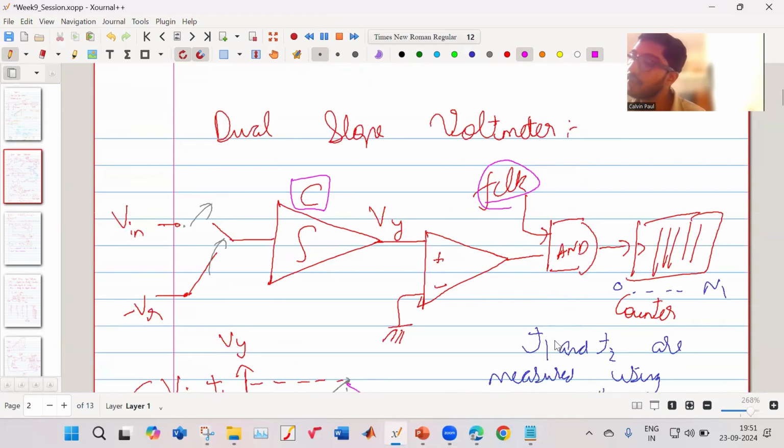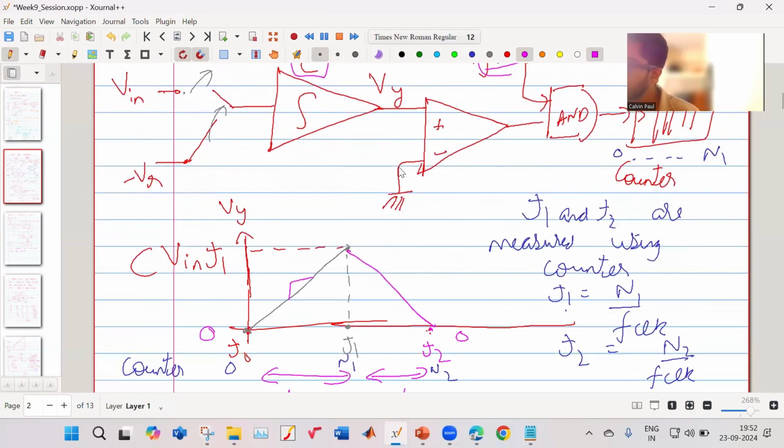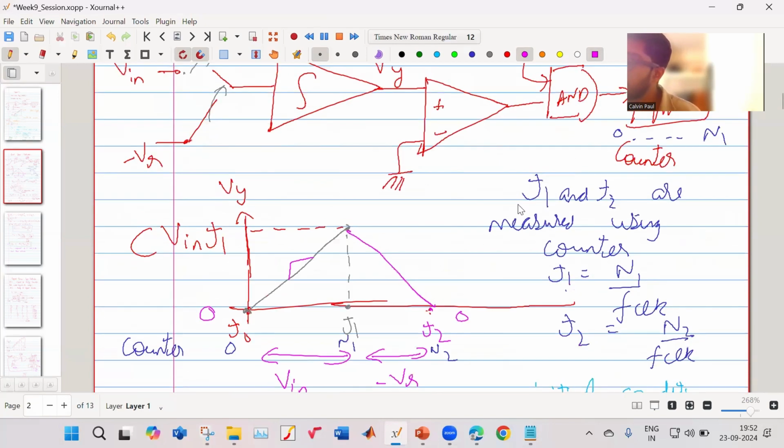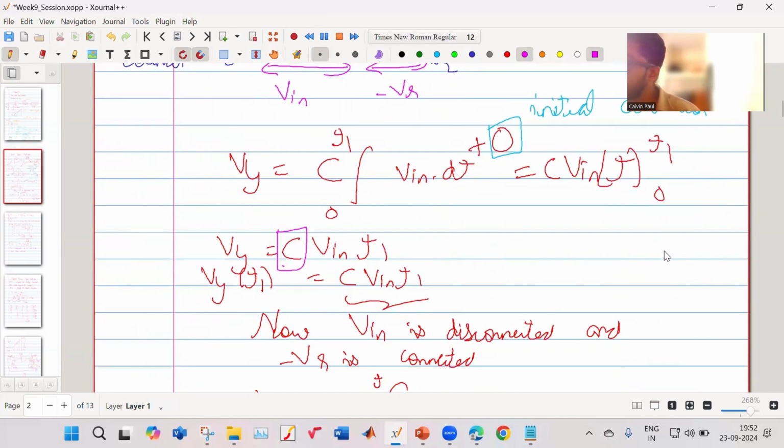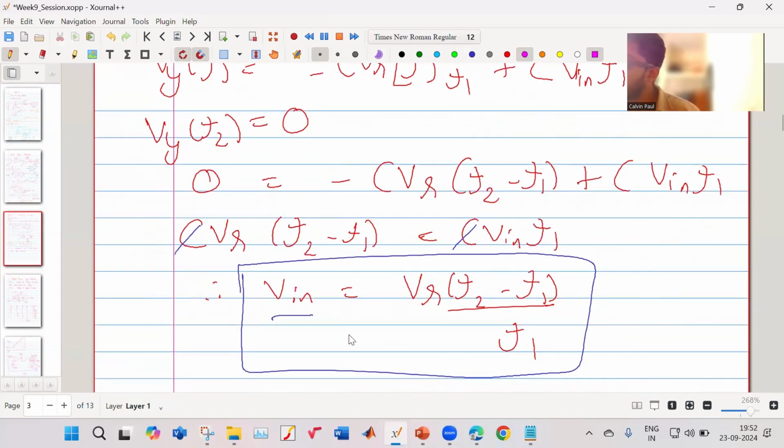So then we went for the dual slope voltmeter method. When we did the derivation, we found that the input voltage depends only on your reference voltage times (T2 minus T1) upon T1, which are values of the counter. So it is independent of your clock.